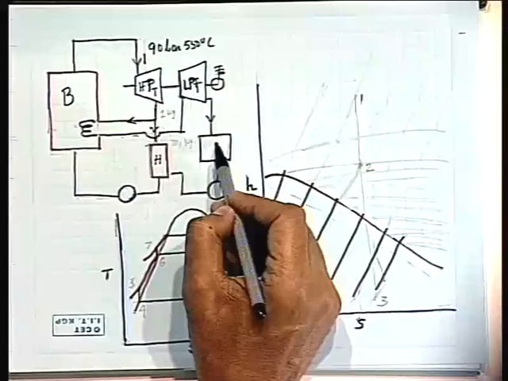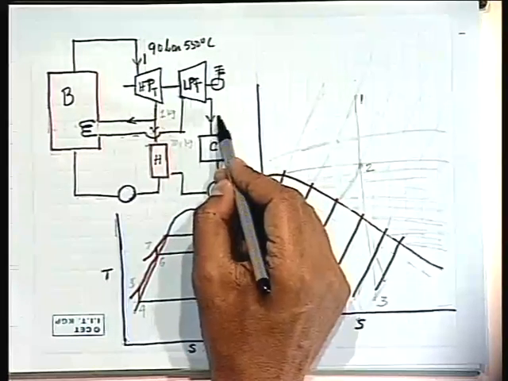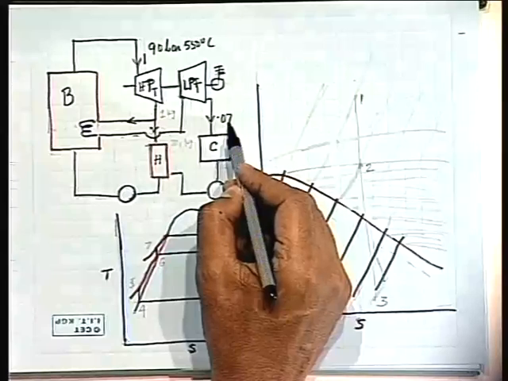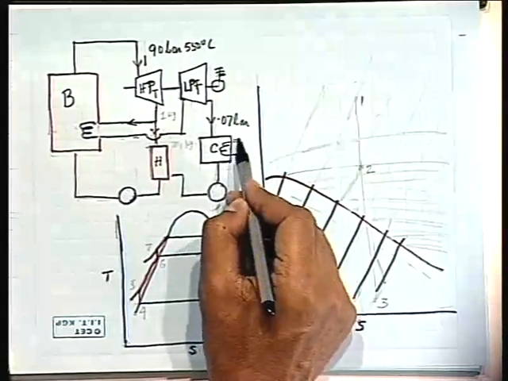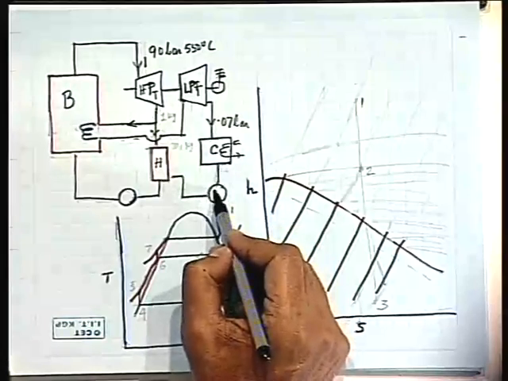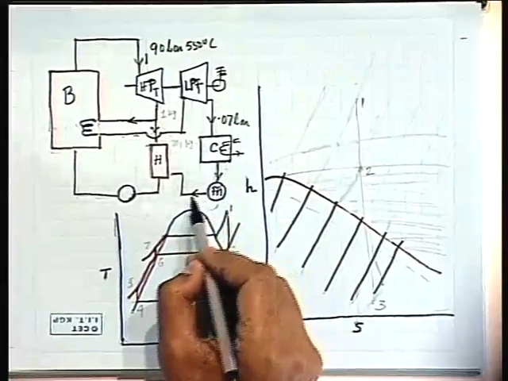Then it is expanded to the condenser at 0.07 bar. You just check whether I am doing correctly or not. This is the cooling water supply. Then this is feed pump 1, which feeds the water to this heater.